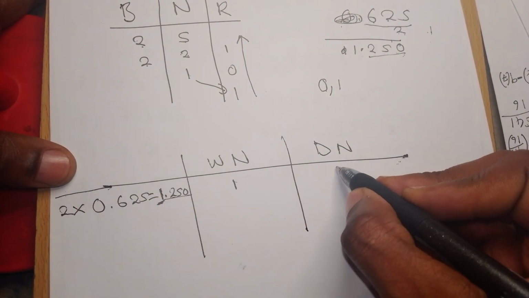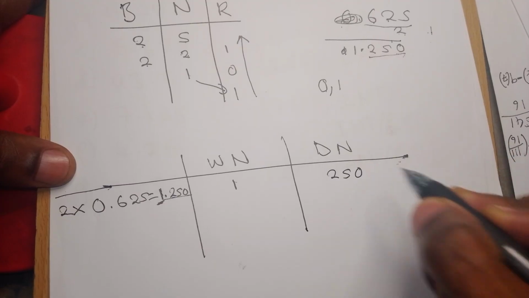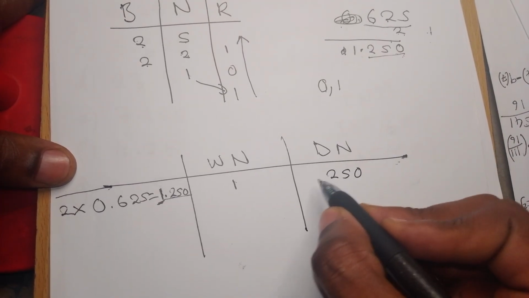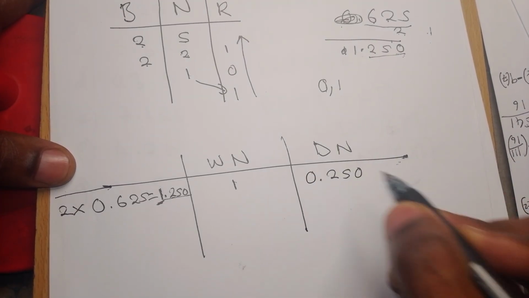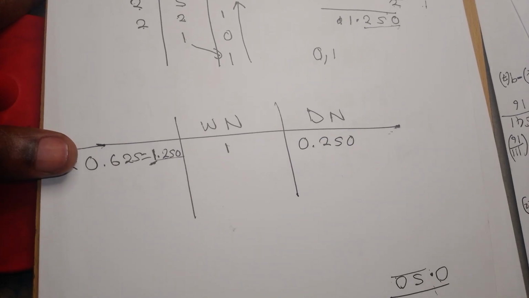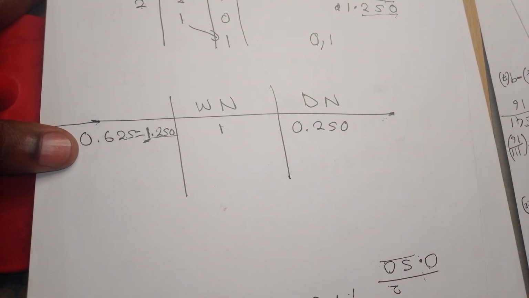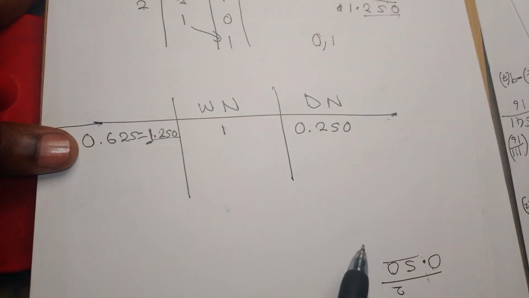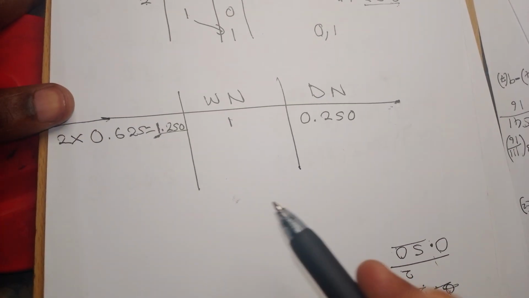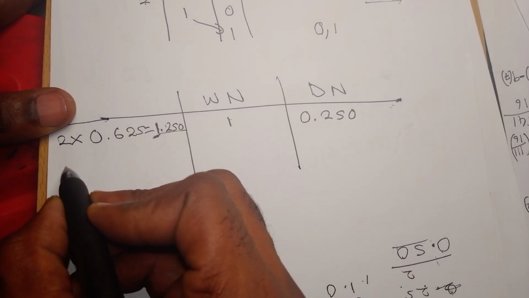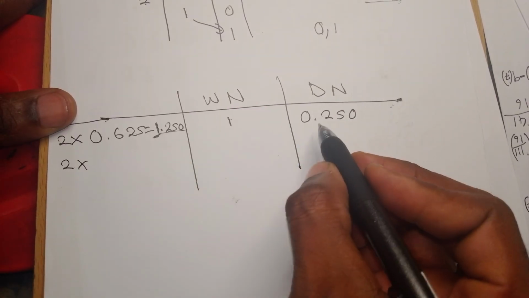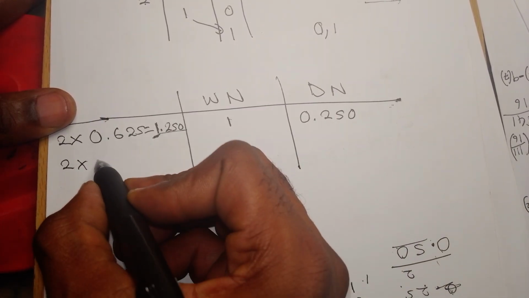So in this case we have a 250, but of course since this is a decimal part, we have to write it as 0.250. So from here you can even see that it is somehow taking us back to the first one. So these things are almost all the same. So now you can multiply this by 2 once again.